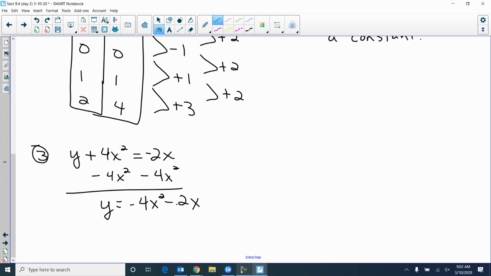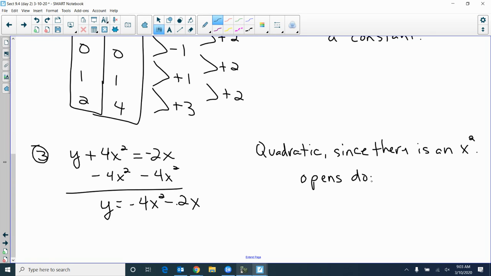Work on your comprehension. Okay, so it is quadratic since there is an x squared, and it opens down.